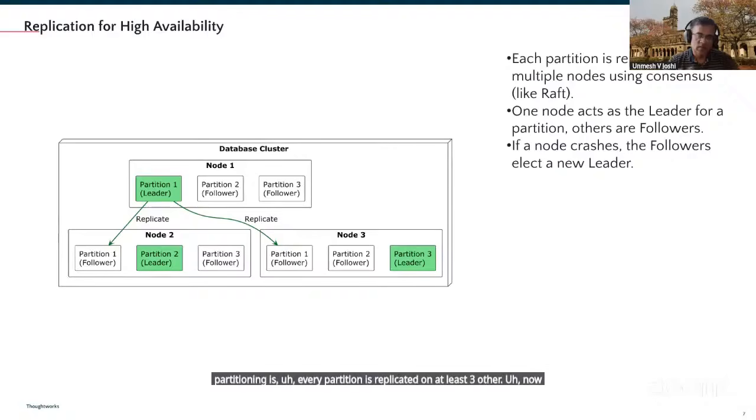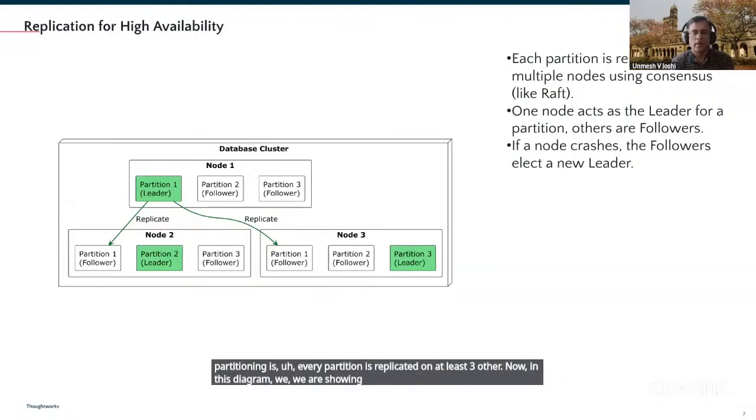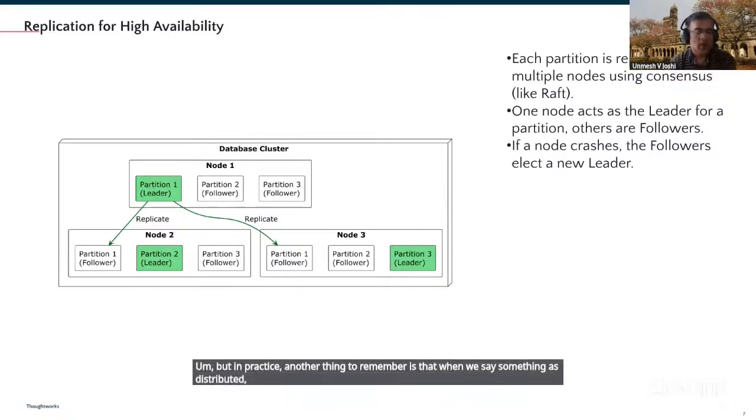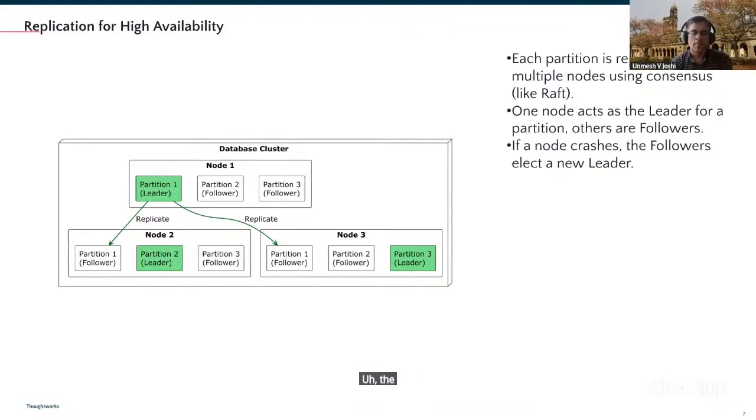Now, in this diagram, we are showing three nodes. But in practice, another thing to remember is that when we say something is distributed, the designs are such that they can handle, say, a few thousand nodes.